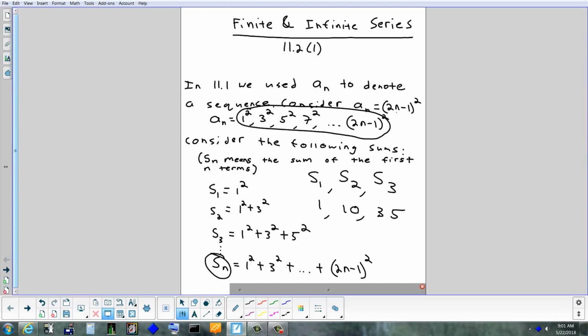So I basically just did out the arithmetic. And we'd probably need a few more. But now what we would do is look at the sequence 1, 10, 35, and try to find a pattern for that. Okay. And if you can, then you can add up any amount of terms you want, okay, with a formula. So any questions on the notation S sub n?